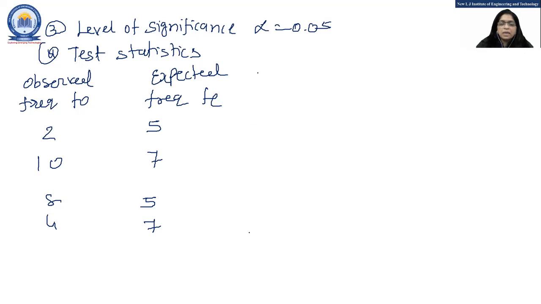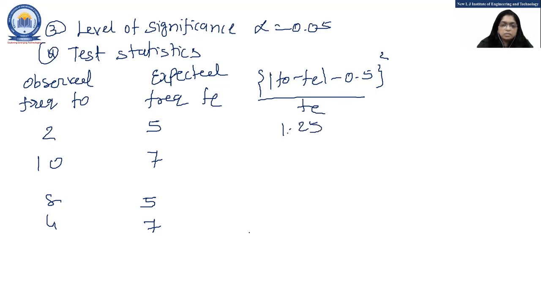So we have to apply Yates correction, and that is modulus of FO minus FE minus 0.5 whole square divided by FE. And here 1.25, 0.89, 1.25, and 0.89.